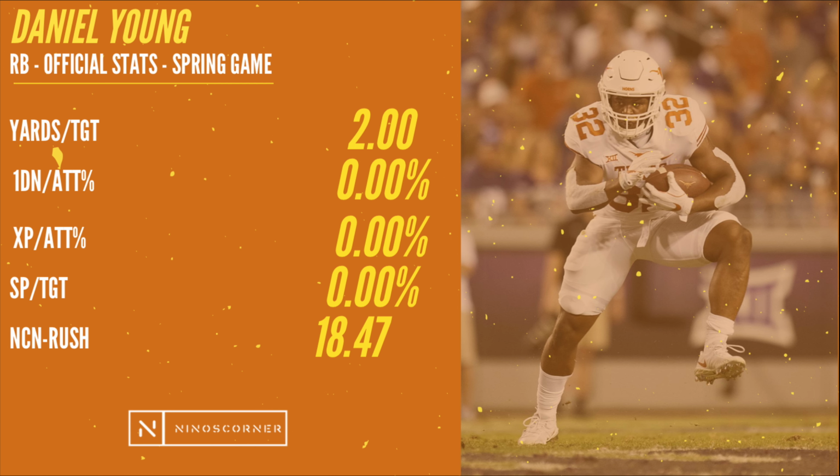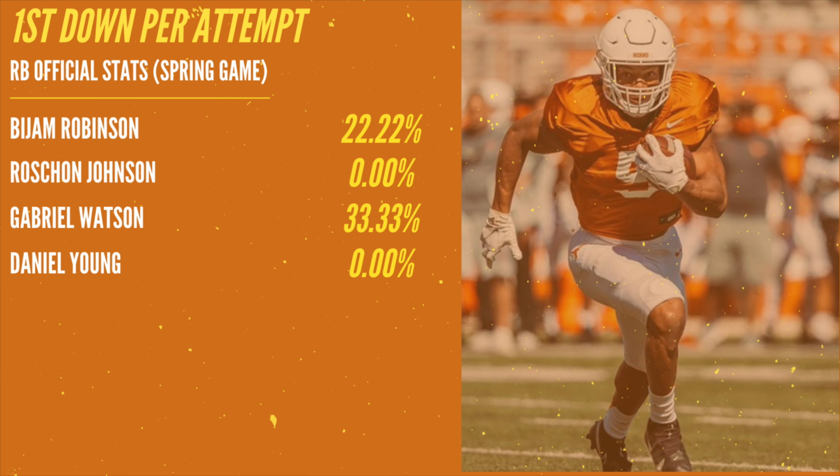So let's take a look, and we're going to talk about these guys' first downs and the first down per target rate. So Bijan, his first down per target rate, let's take a look. Bijan had 2 first downs on 9 attempts, which basically put him at a 22.22% first down per attempt.